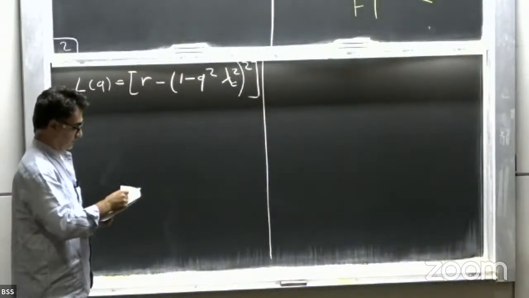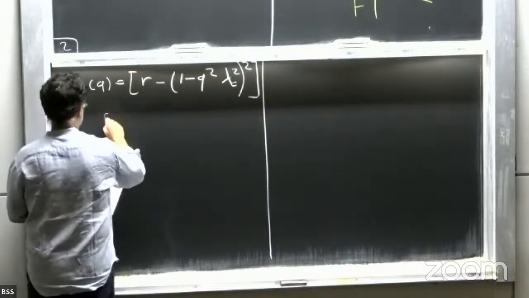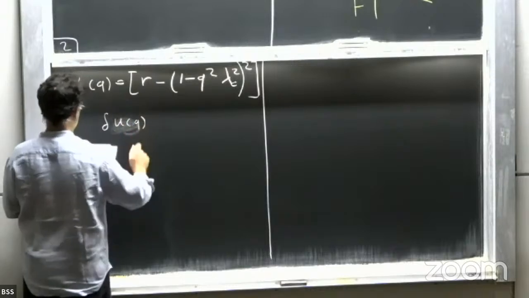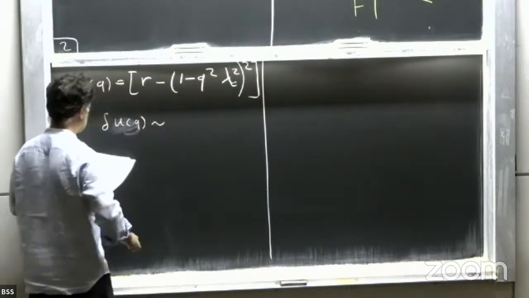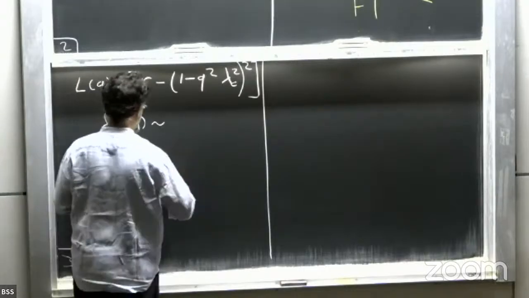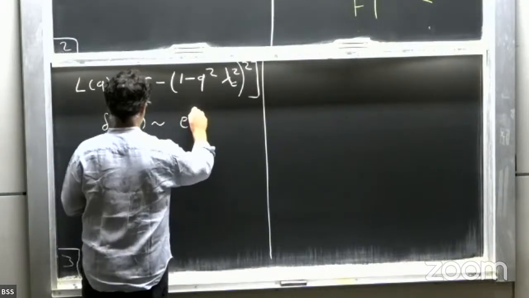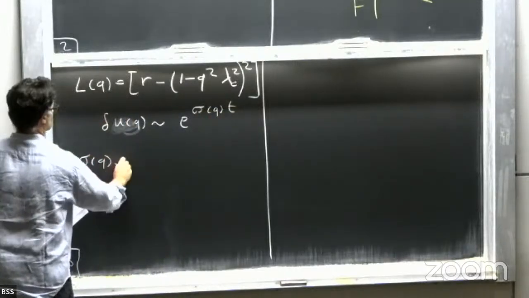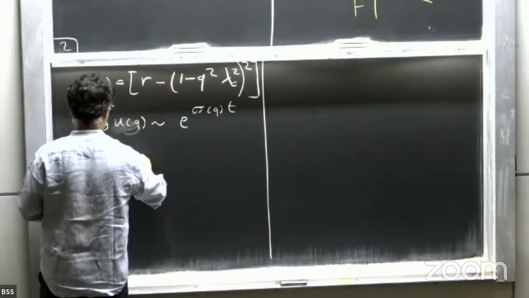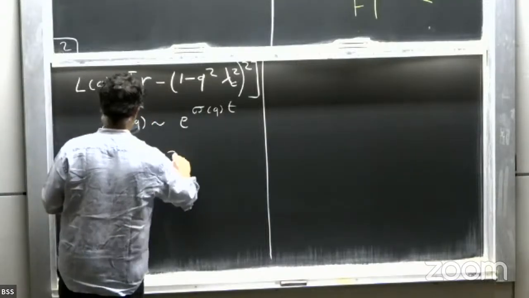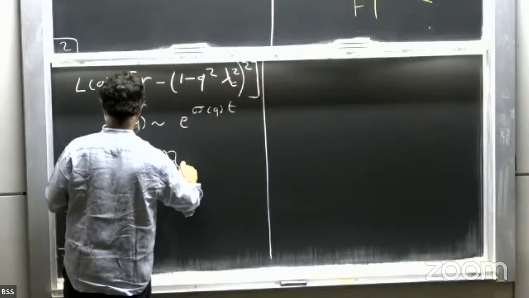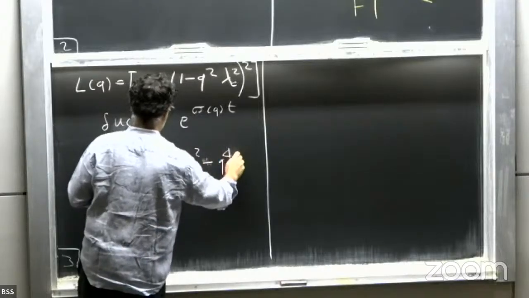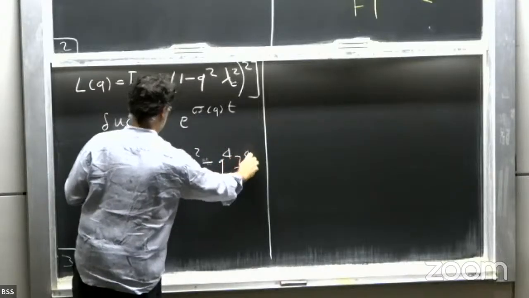The rate at which my delta u_q grows is given by e to the sigma(q) t, where this sigma(q) is equal to r minus 1 plus 2 lambda c squared q squared minus q to the fourth lambda c to the fourth.